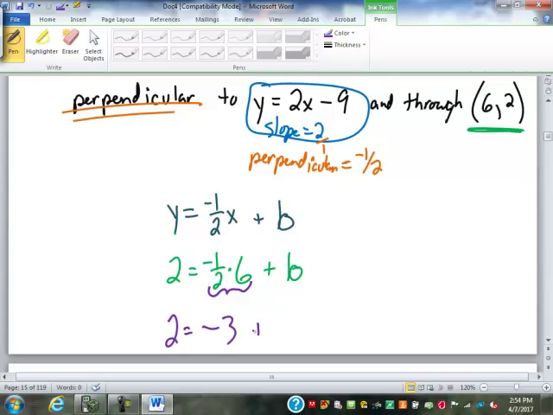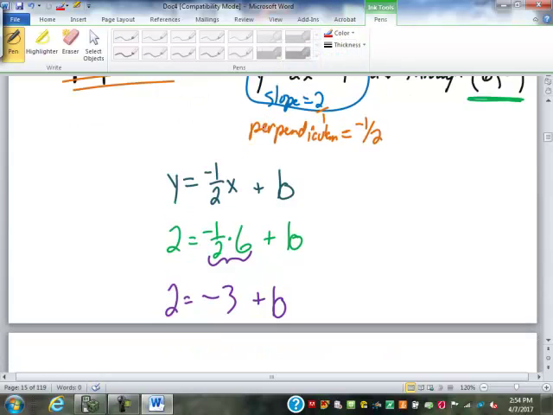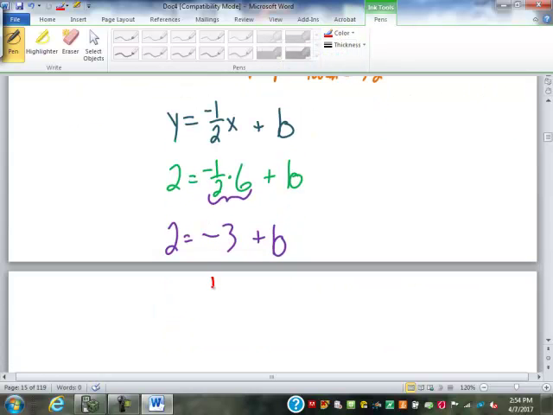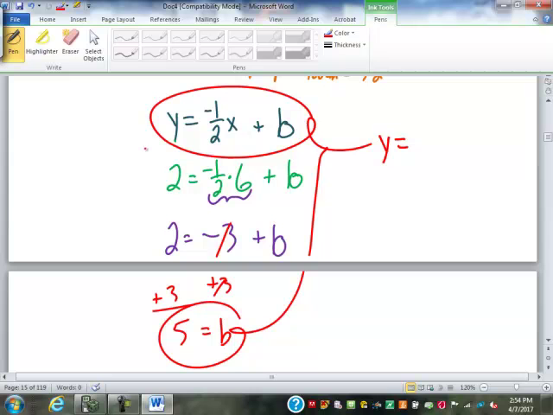Negative 1/2 times 6 is negative 3. And then add 3. 3 is negative, so we add 3 to get rid of it. You get 5 equals b. So y equals negative 1/2 x plus b becomes negative 1/2 x plus 5.